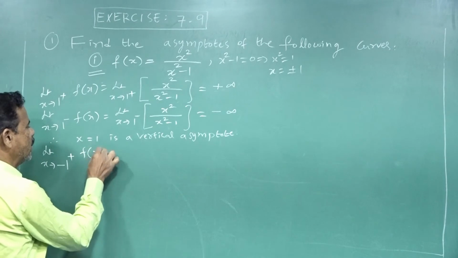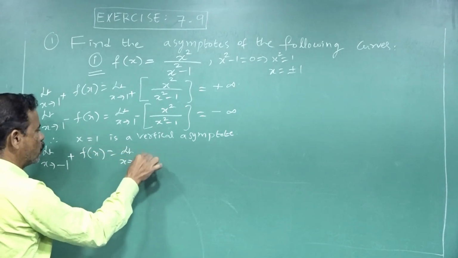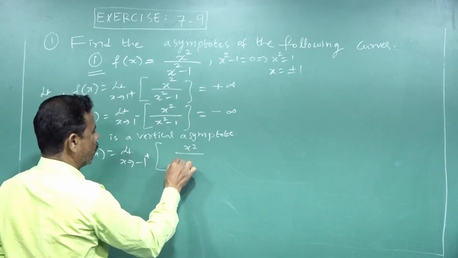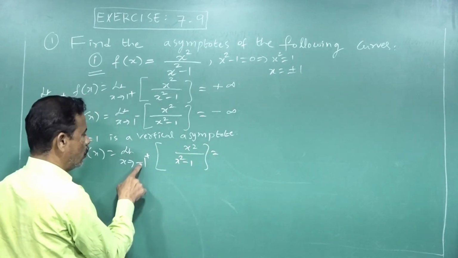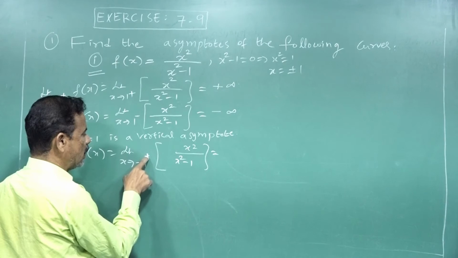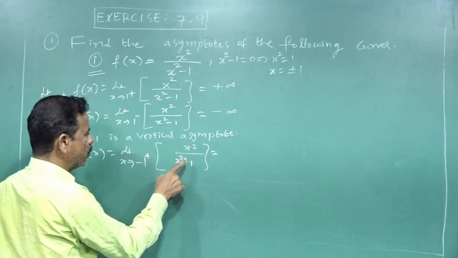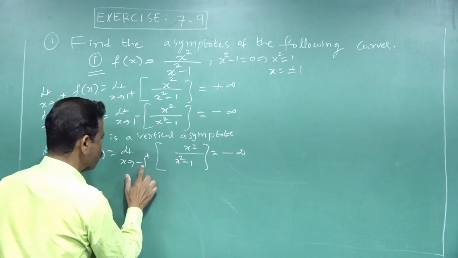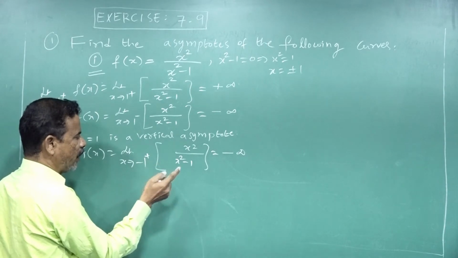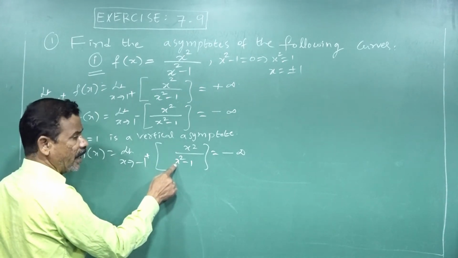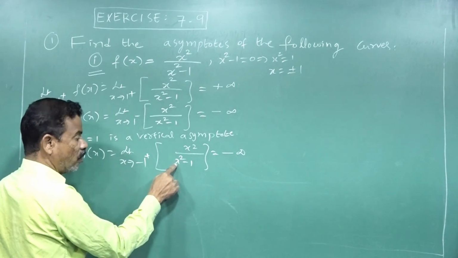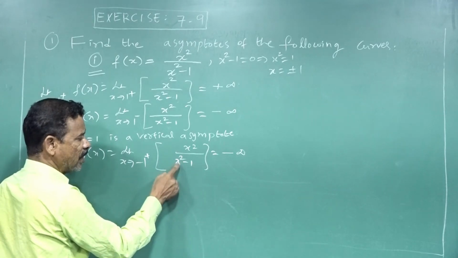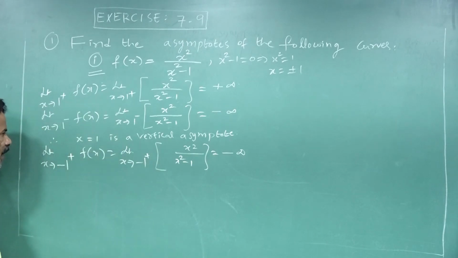So f of x here is x square by x square minus 1, and compared to 1 this is a small value, so the denominator is negative. That's why it is negative infinity.